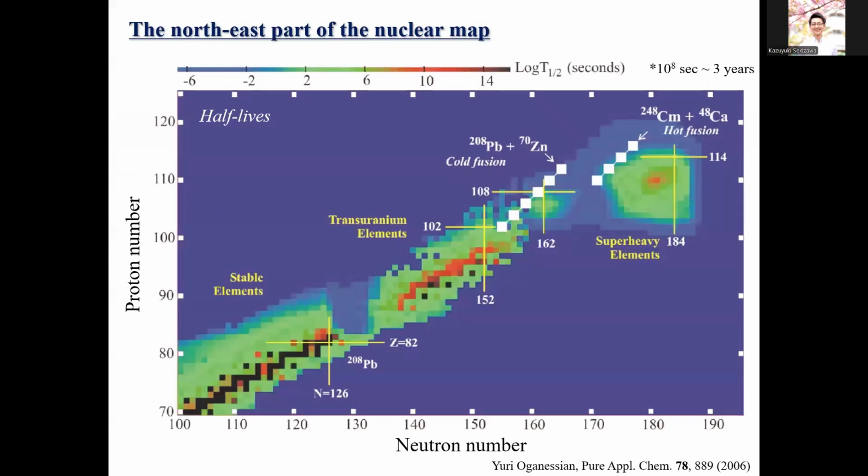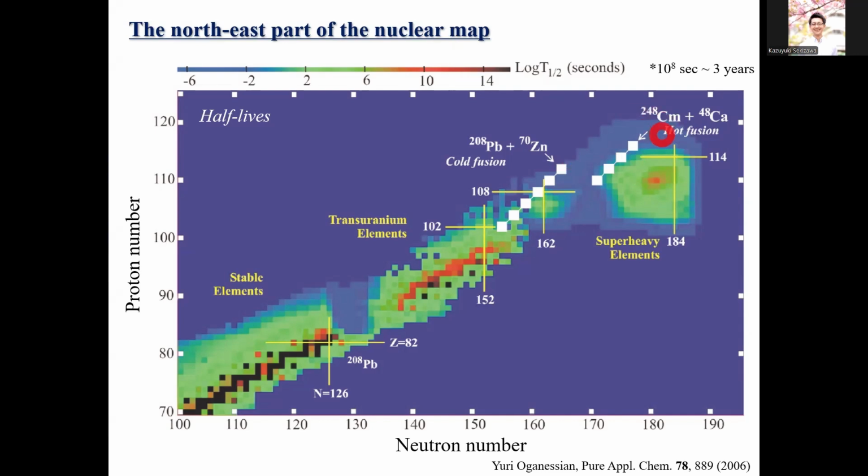Okay, so this is the final topic. As I mentioned in some of the previous lectures, the next shell closure is expected in the superheavy region around proton number 114 or neutron number 184, somewhere here. This shows the northeast part of the nuclear map, and this color map shows the expected lifetime.